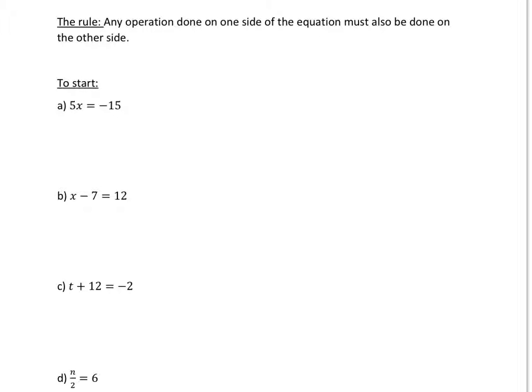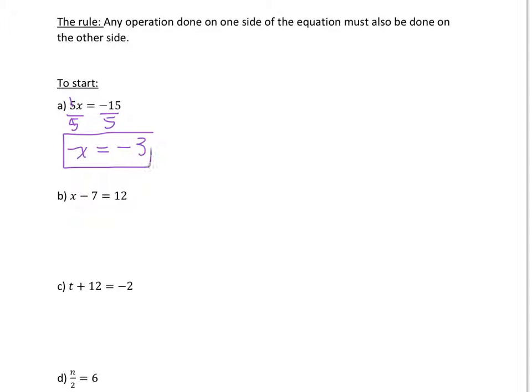So in example A, I have 5 times x equals negative 15. The inverse of multiplication, so think of the operation that's happening to the x. The inverse of multiplication is division, so I'm going to divide both sides of the equation by 5. 5 divided by 5 gives me 1, so I have 1x now, and negative 15 divided by 5 gives me negative 3.